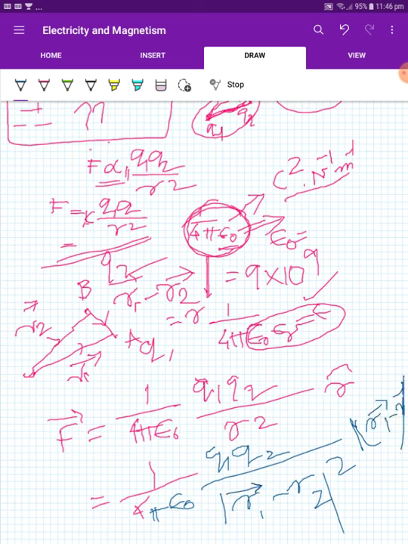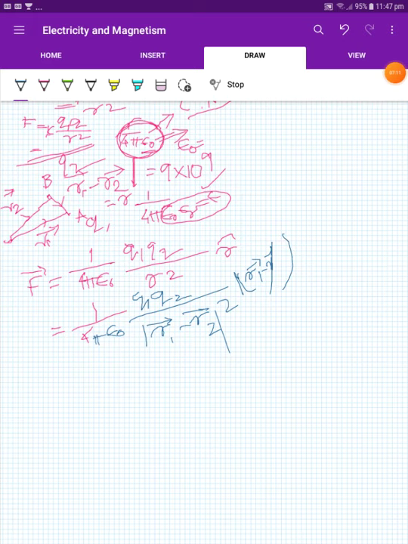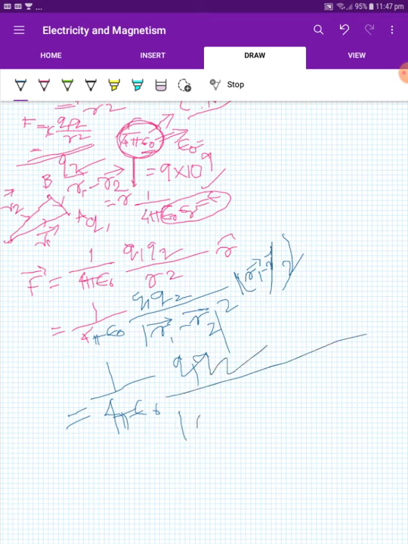Okay, this is the direction. Now this will be equal to 1 by 4 pi epsilon naught q1 q2 by modulus of r1 minus r2 whole cube into r1 minus r2 vector.